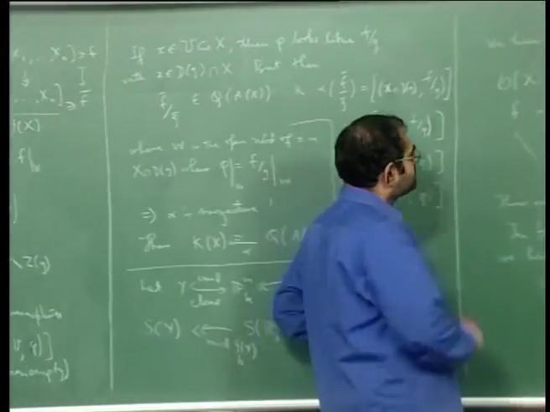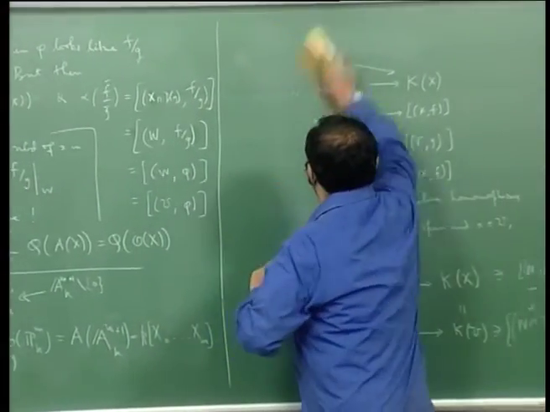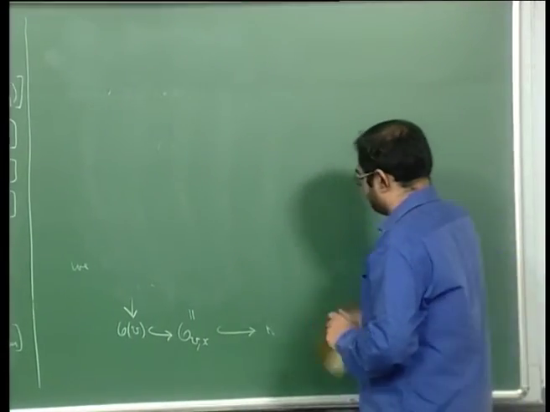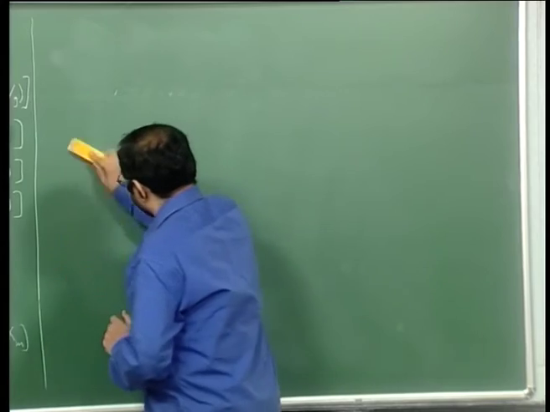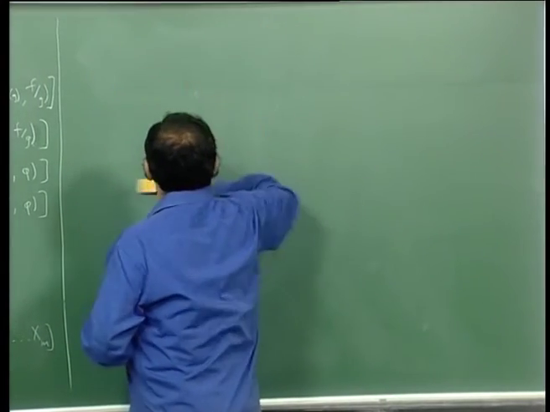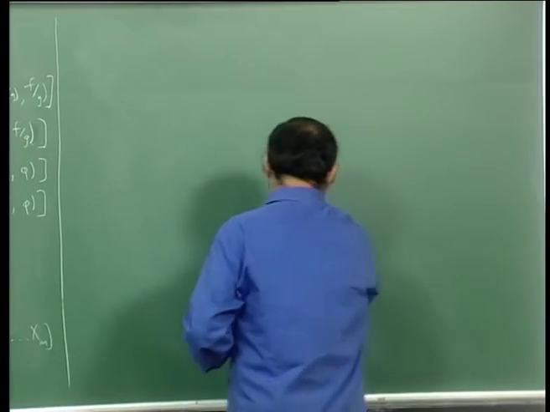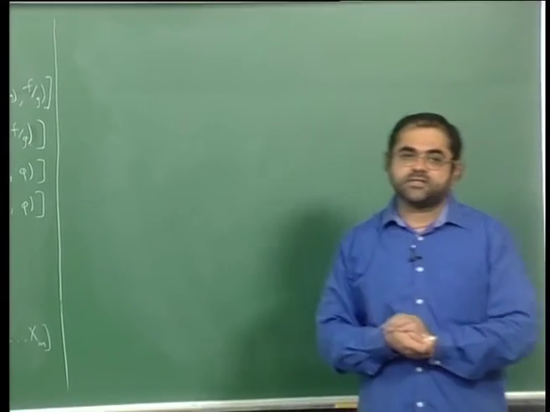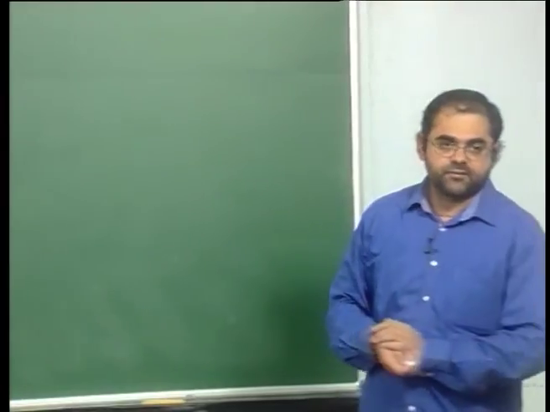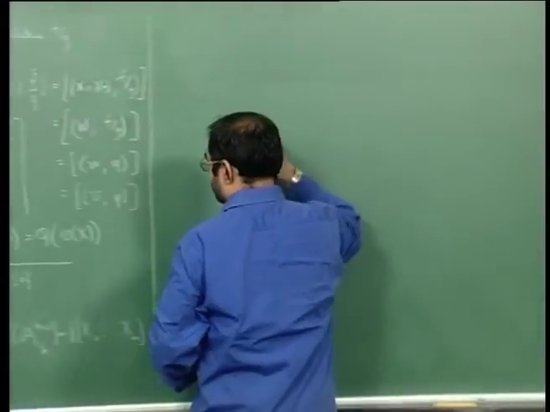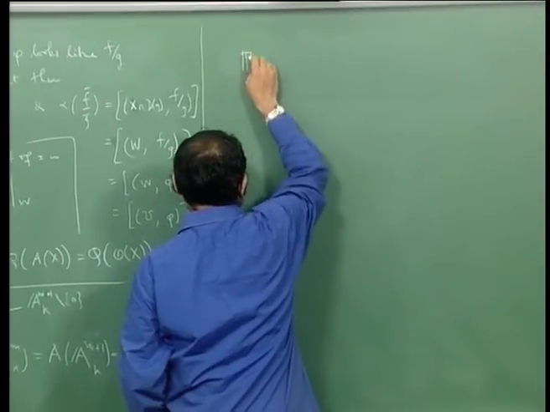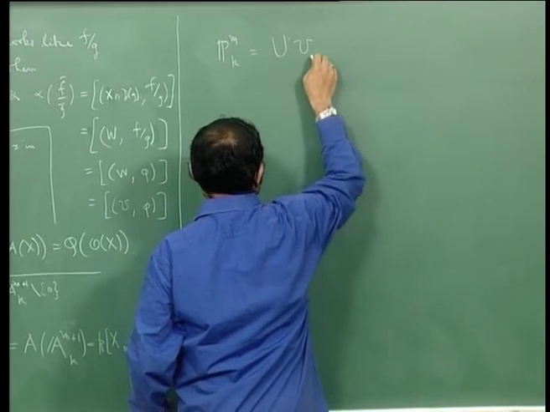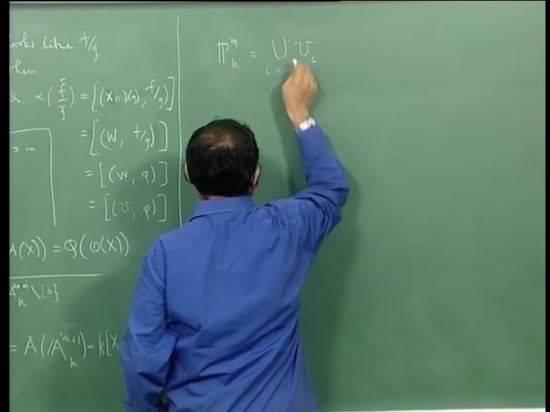Now we have seen in earlier lectures that projective space has an affine cover consisting of m+1 open subsets, each isomorphic to affine m-space. So P^m_K is the union of U_i, i equal to 0 to m.